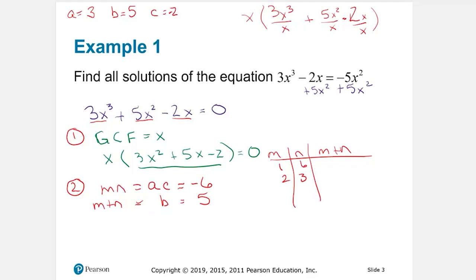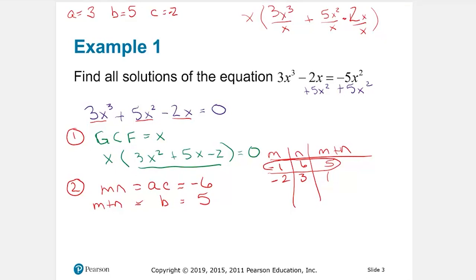So I'm going to make this side negative, because when I add these two numbers, now I get 5. So these are the two numbers that I need. Okay, so now that I found that, let's go to the next page.